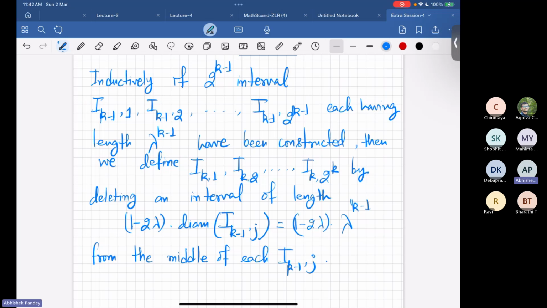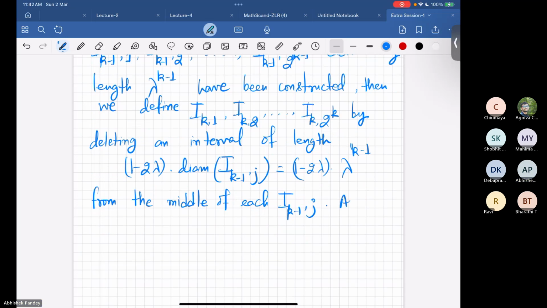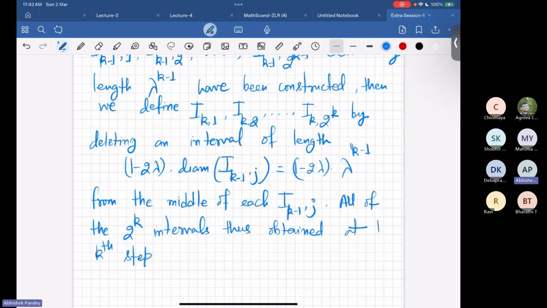So we thus obtained 2 to the power k intervals obtained at kth step. At the kth step, and these have length lambda to the power k. Okay.